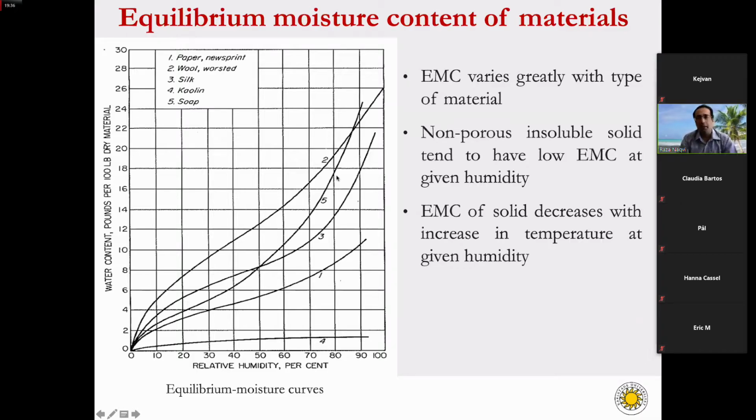And it is very important for you to understand that the equilibrium moisture content varies with the nature or type of the material that we are working with. Normally the non-porous insoluble solids tend to have a low equilibrium moisture content at a given humidity. And the equilibrium moisture content of the solid decreases with increase in temperature at a given humidity.